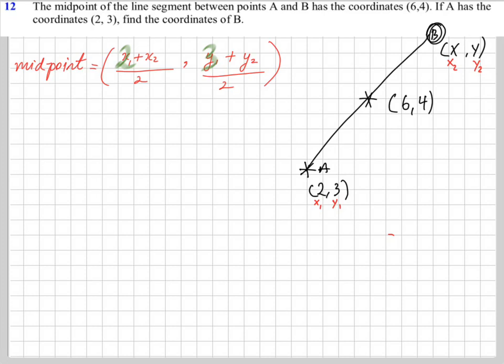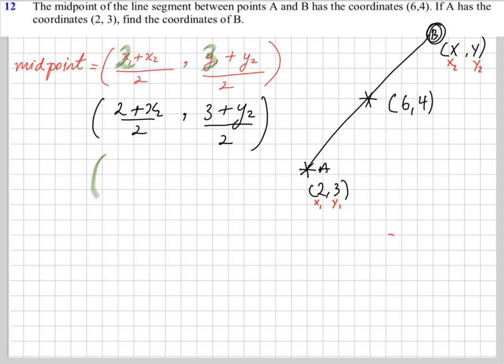And our y coordinate for the B point is y2, so I'm going to leave it as is. Now in black I'm going to write this again. So we have 2 plus x2 over 2, comma 3 plus y2 over 2. And let's close that bracket.